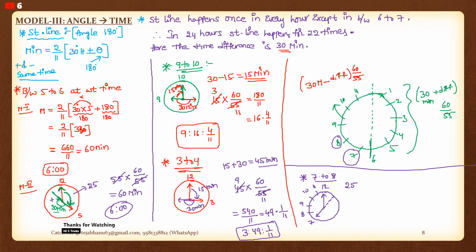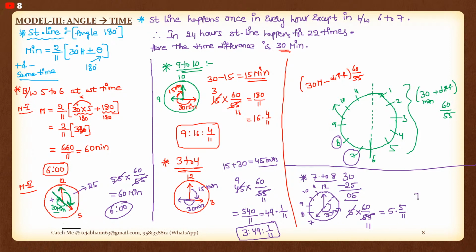In order to get a straight line, it has to travel 30 minutes. In 30 minutes, already 25 minutes are completed. So 30 minus 25 is 5. 5 into 60 by 55, 11 times, 11 5s are 55. 5 by 11.